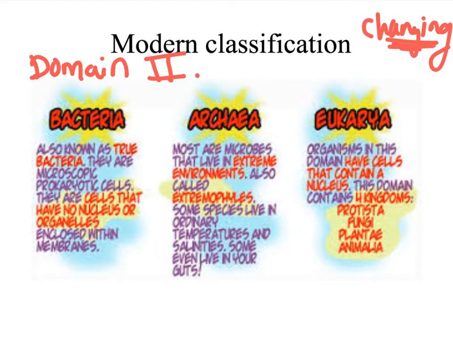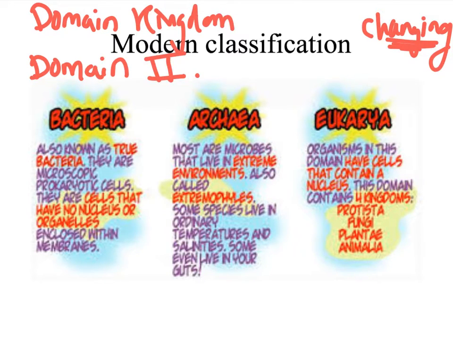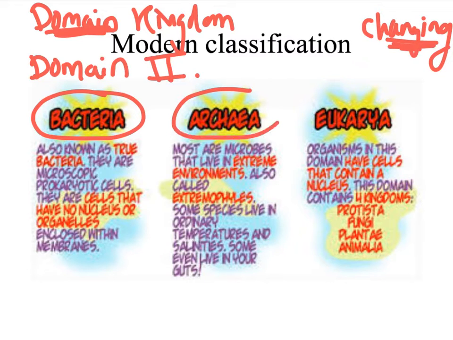So if we were to do the levels of classification now, we would put domain first, then we would put kingdom, and then we would go from there. So phylum, class, order, family, genus, species. So domain comes first. In your notes, it has a space for 3 places because there are 3 domains. Domain bacteria, domain archaea, and domain eukarya.